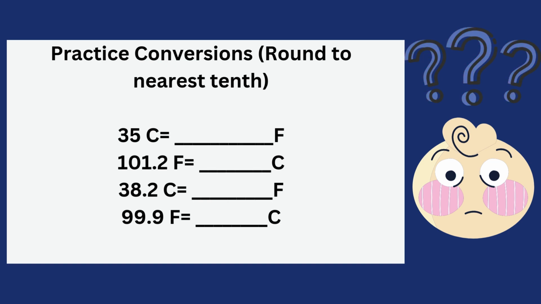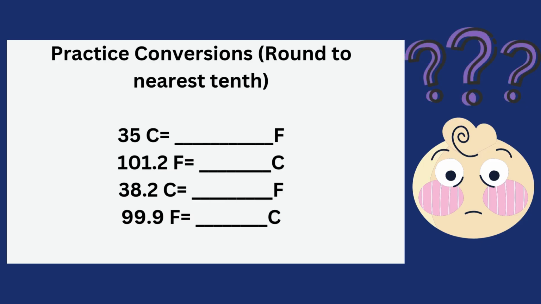The next one, we're going to find what Fahrenheit is because we know what Celsius is. So if I know what Celsius is, it's 38.2 times 1.8.